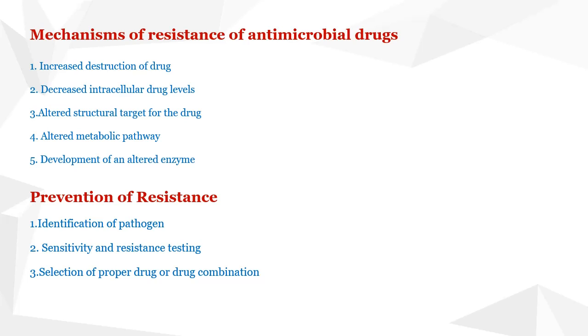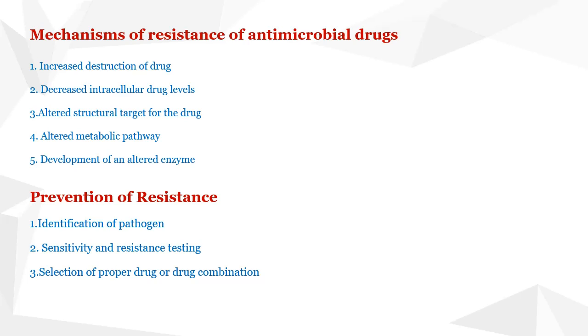Now, there are many different mechanisms through which microorganisms may develop resistance to antimicrobial therapy. One is increased destruction of the drug. In this case, the microorganisms produce certain enzymes which destroy the structure of the drug. Second is decreased intracellular drug levels.